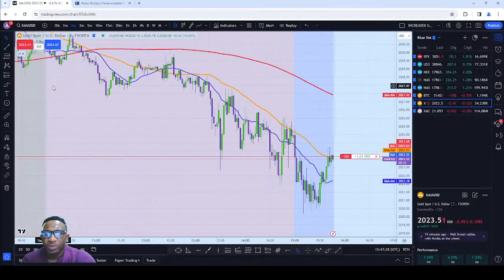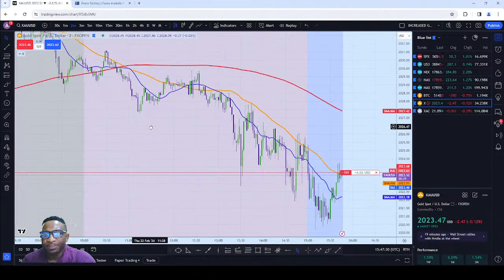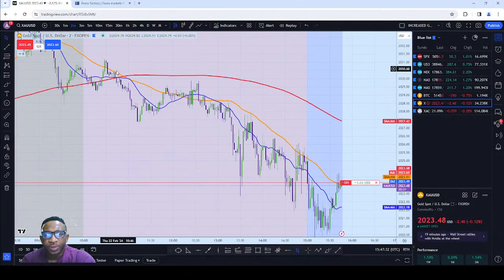It's been in the sell zone for some time. As we can see clearly, it's coming from the narrow state here, as we saw price come together with the moving averages.